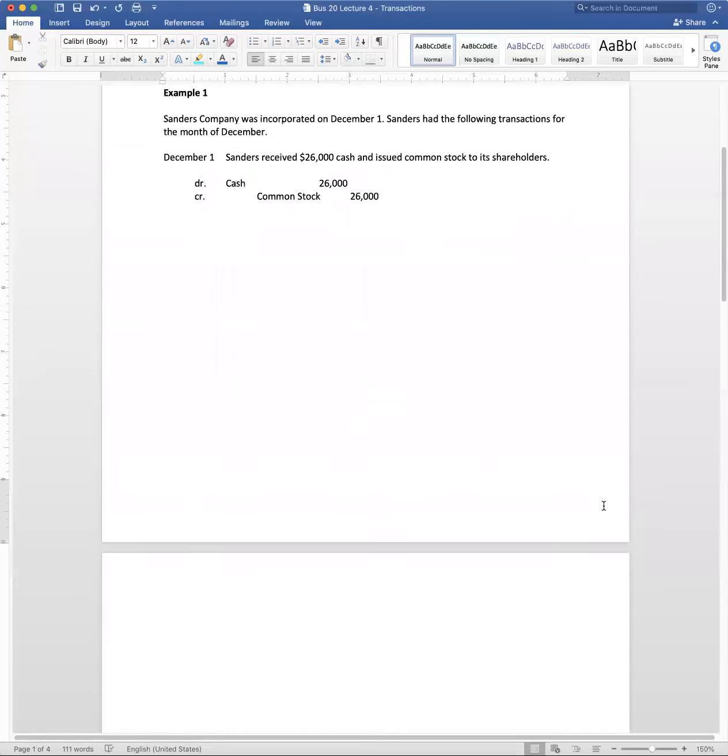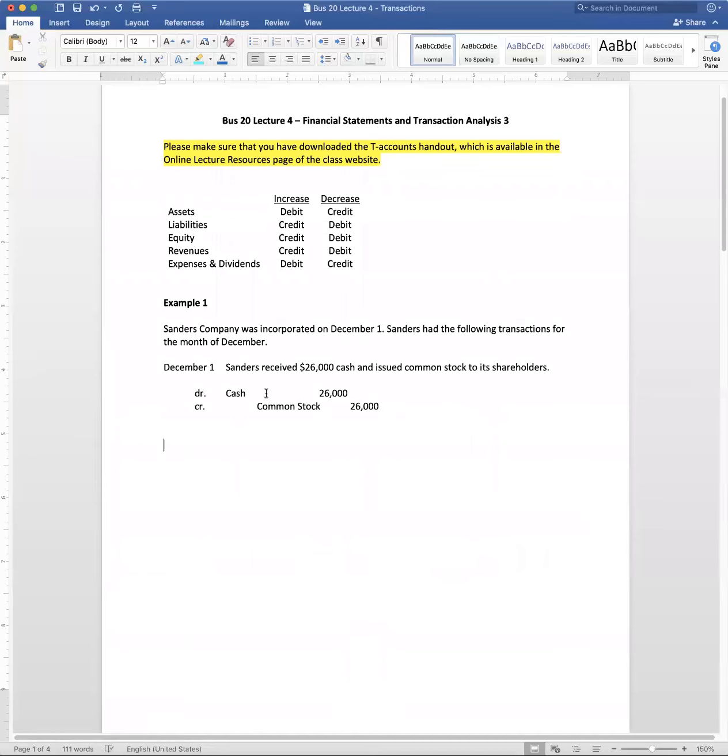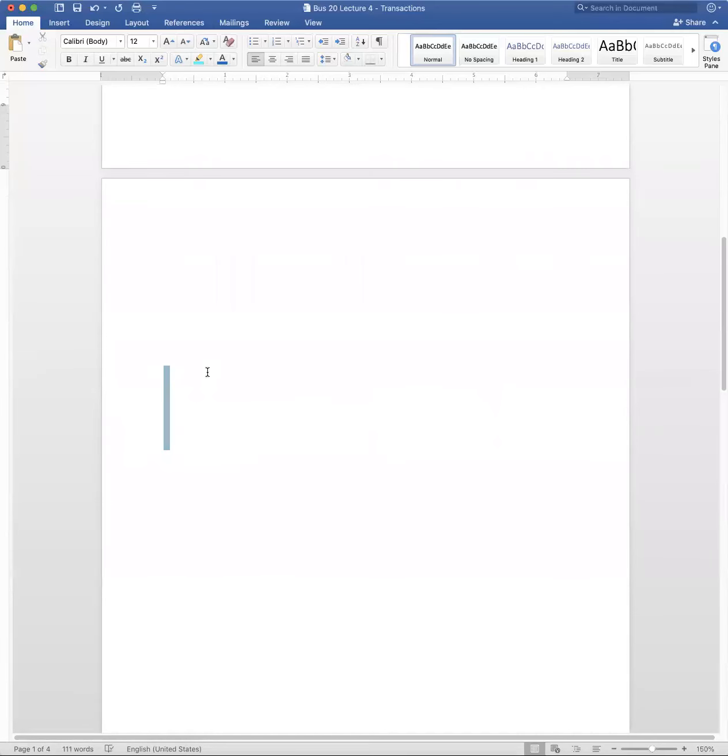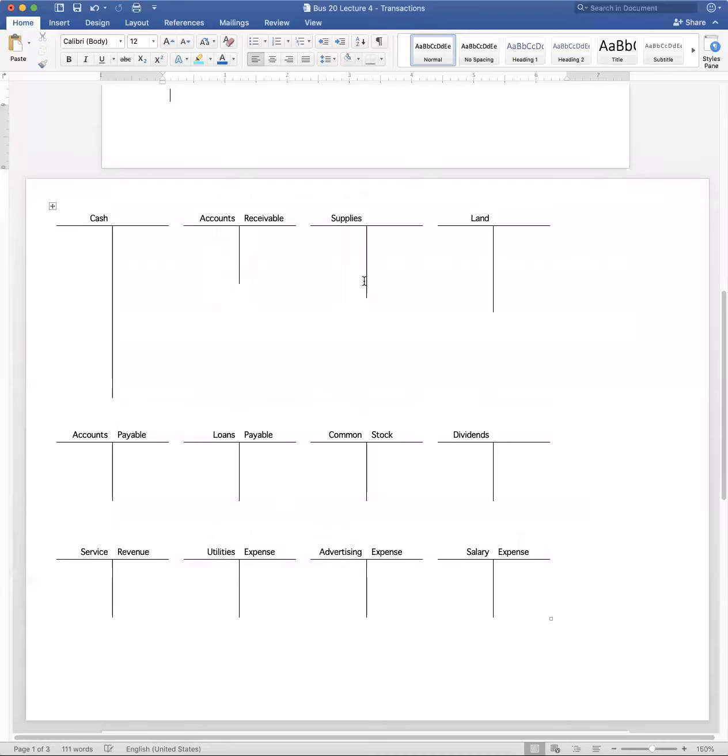Now, back in our example here, we debited cash for $26,000 and credited common stock for $26,000. All right, so what we're going to do is we're going to take that debit to cash of $26,000 and put it in the cash T account.